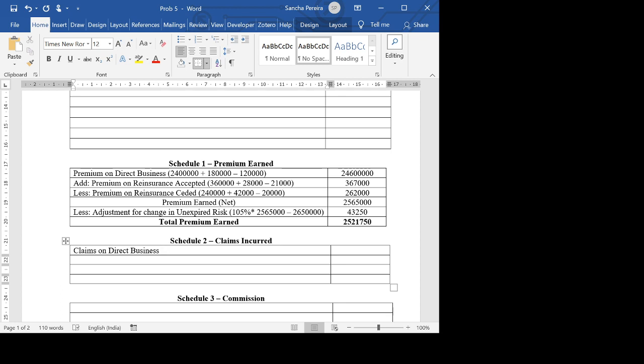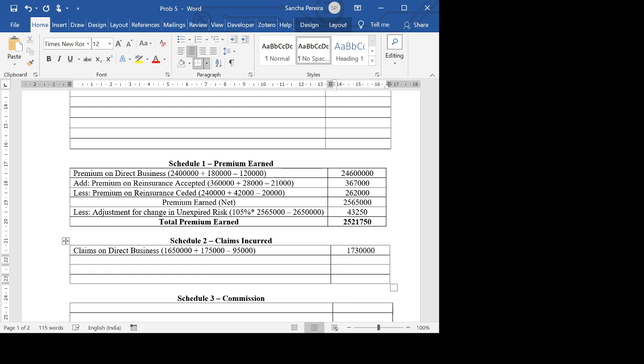It's going to be 16 lakhs 50,000 plus outstanding at the end, that is 1,75,000, minus outstanding at the beginning 95,000. So that comes to 17 lakhs 30,000.